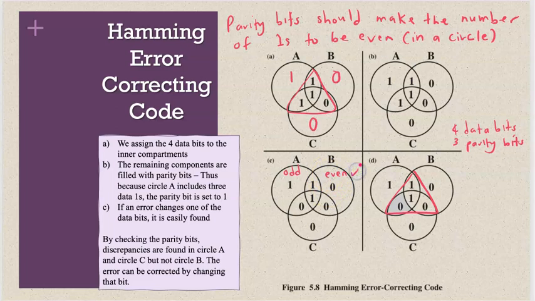So this seems correct. Now we check circle C, and circle C is also odd. So I know that between circles A and C, there is something wrong somewhere, right? The part that overlaps A and C is only this one.